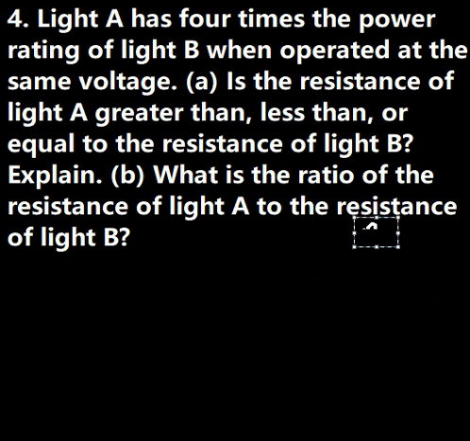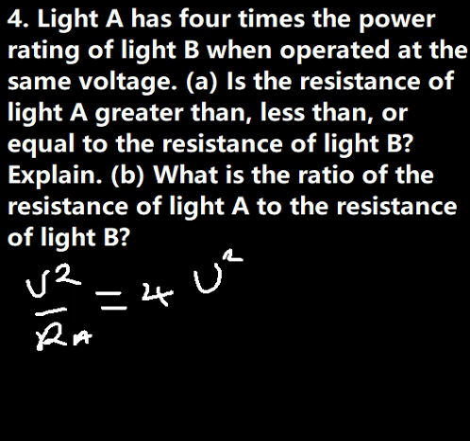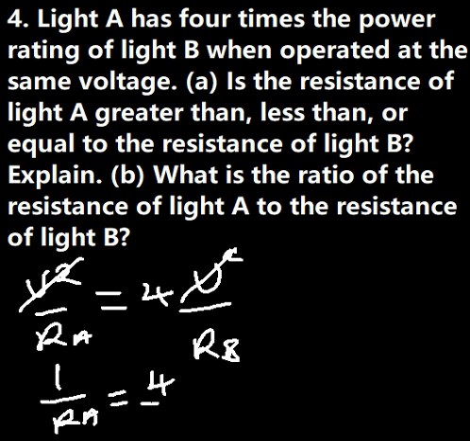So which means we'll have it as V squared over RA is equal to 4 times V squared over RB, of which the V squared terms are the same. Then we have 1 over RA is equal to 4 over RB.